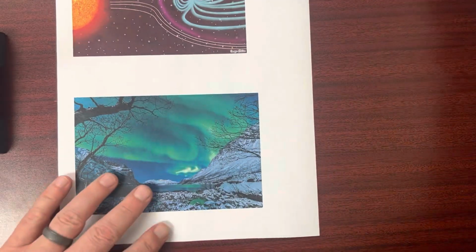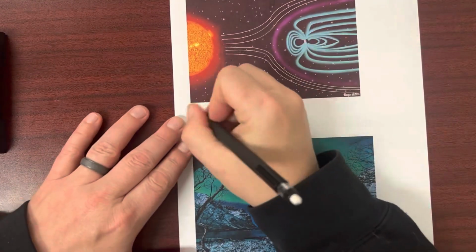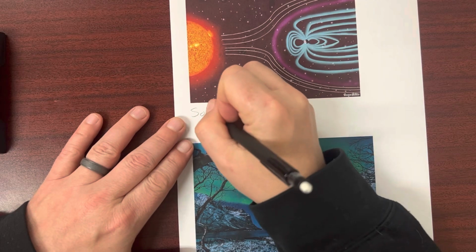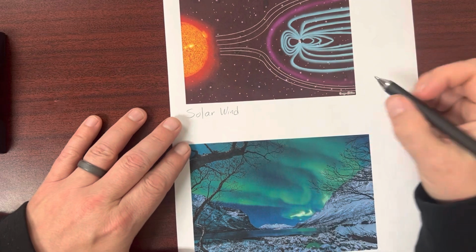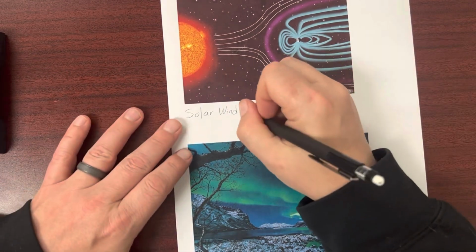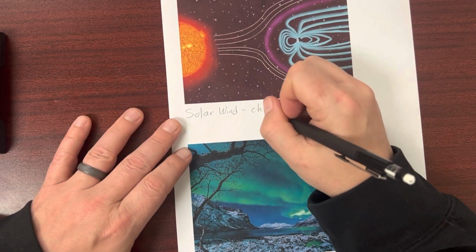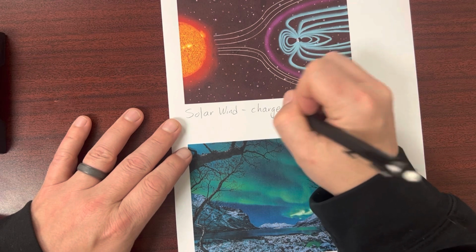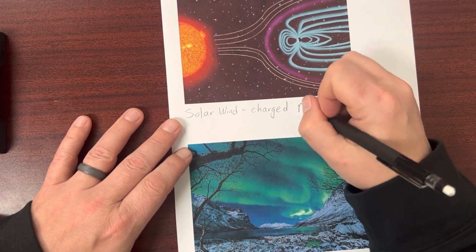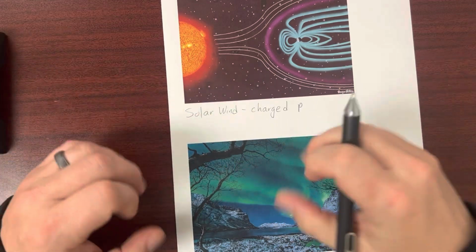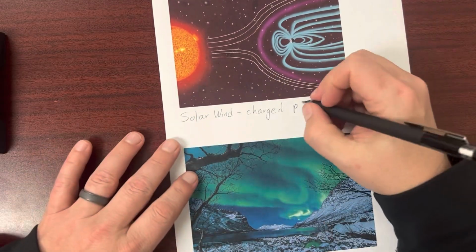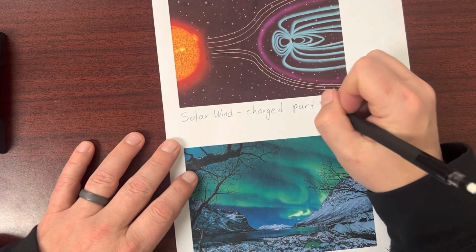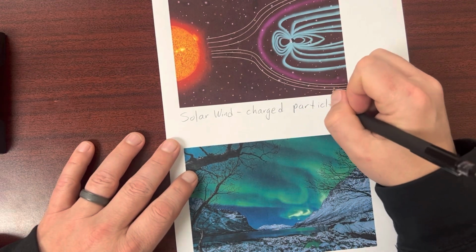All right, now we want to talk about the solar wind. So I said that there were charged particles coming out of the sun. Well, these charged particles stream out at a very rapid rate, and they emanate into space. Just like the light from the sun, it just moves out and propagates through space away from the sun.